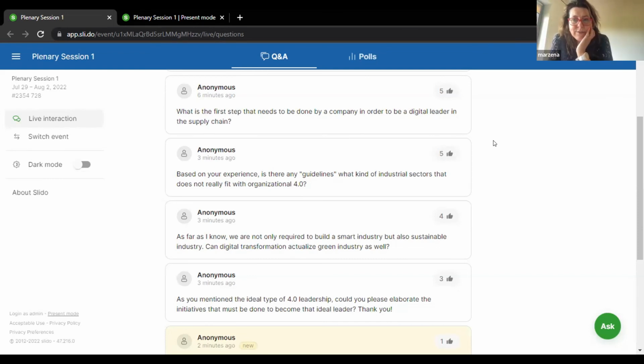Okay, this is also an interesting question. What kind of industrial sector fits with organization 4.0? I think it's a kind of maturity.